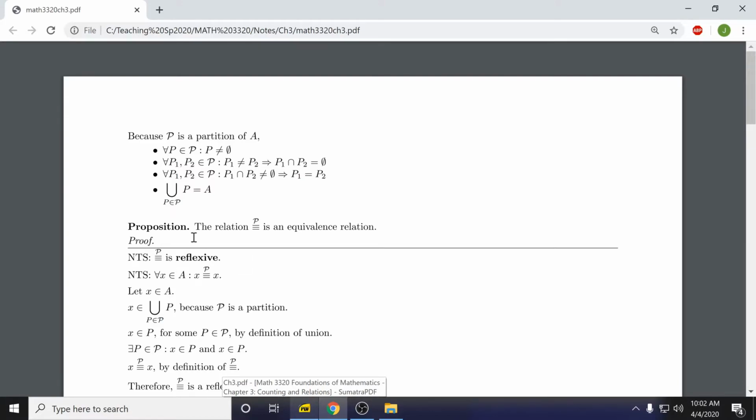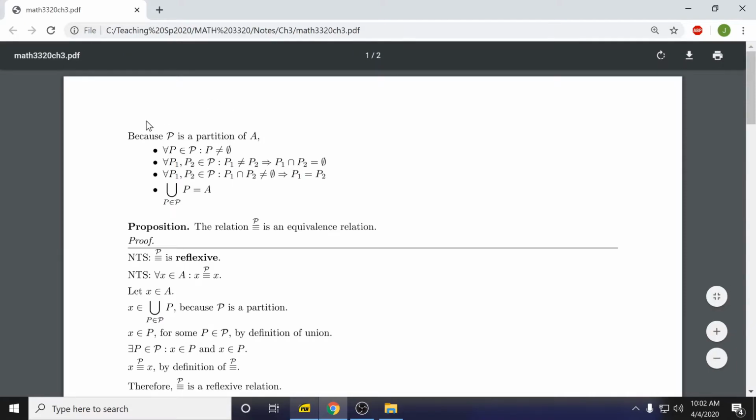Before we start actually trying to prove that this relation is an equivalence relation, let's remind ourselves what all the properties of a partition are so that we can take advantage of these. We know four things that result from the fact that P is a partition. First, this bullet point is a reminder that every element of a partition is non-empty.